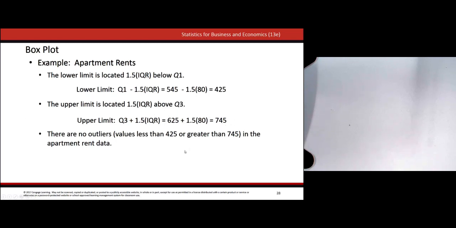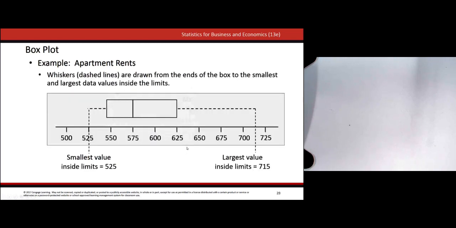So we don't have any outliers in the apartment rent data. So whiskers go to the largest and the smallest value inside the limits. So it goes to 525 and 715. If you had outliers, then you show them with asterisks, like this. But here we don't have any outliers.